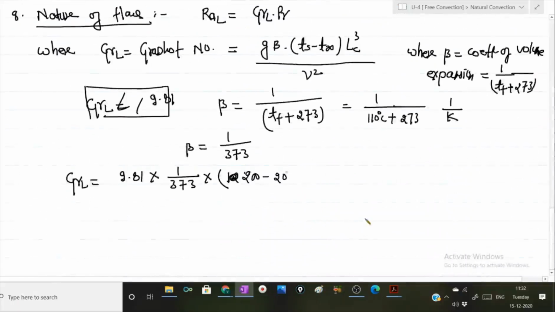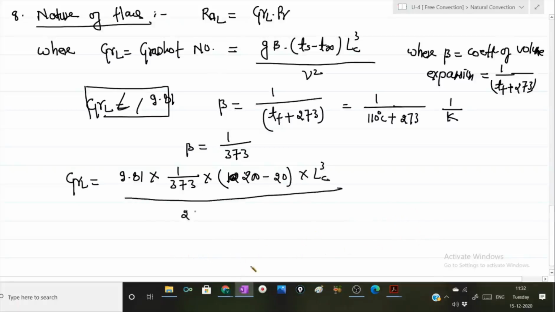Infinity is 20, Lc cube over nu square, 24.29 into 10 to power minus 6 whole square. Okay. Let's say this is equation number A.